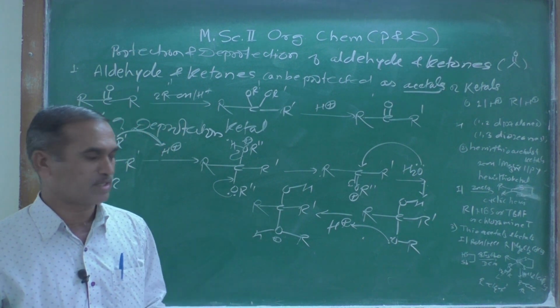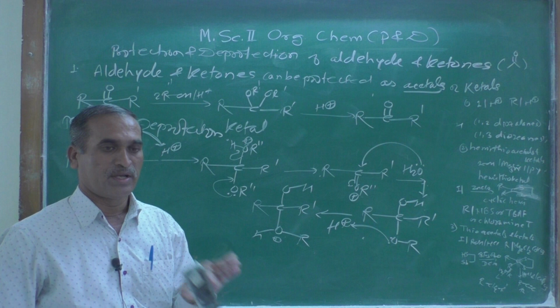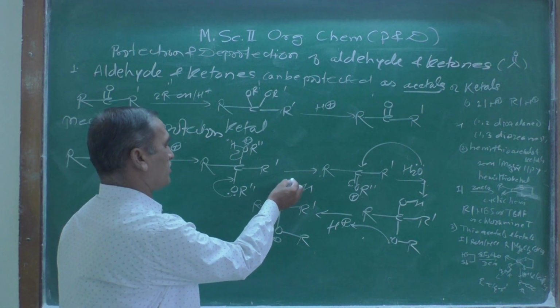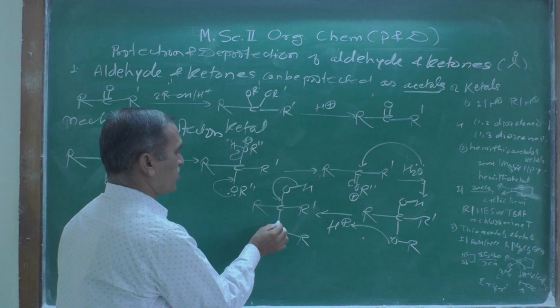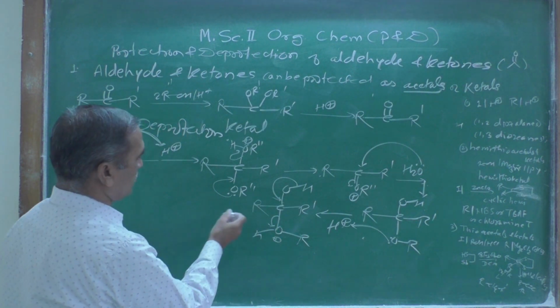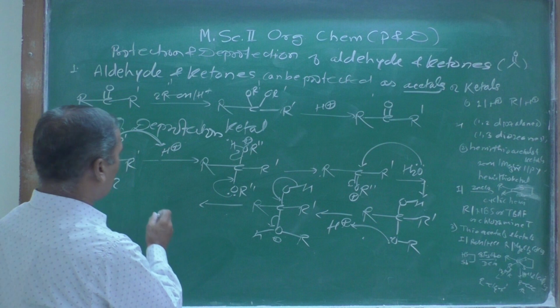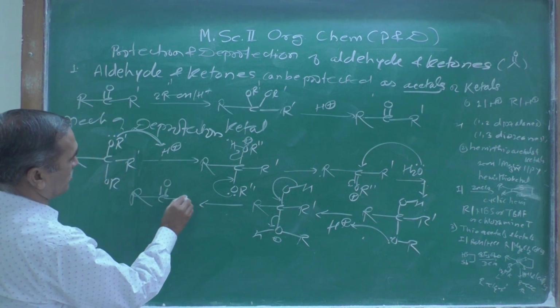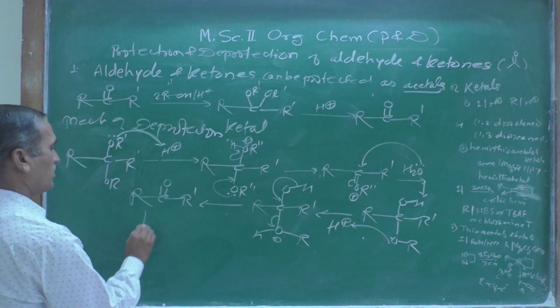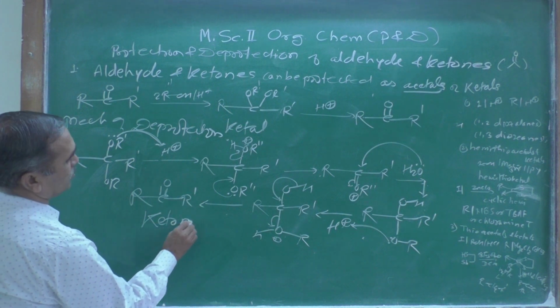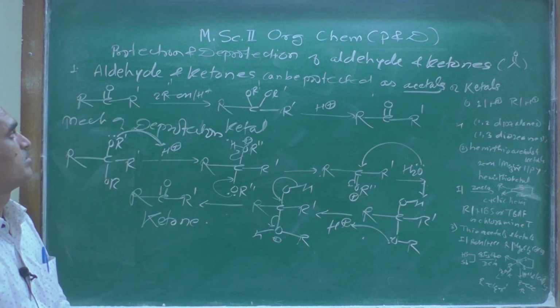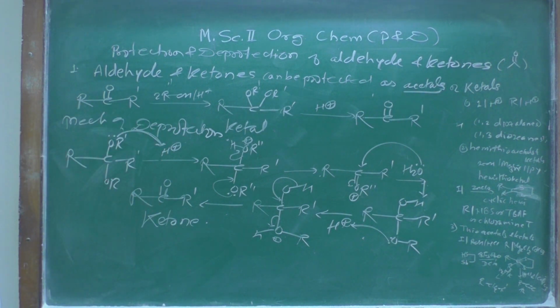Whenever a positive charge comes on that oxygen atom, that species becomes highly unstable, and it forms a double bond over there, the alcohol gets removed, and you are going to get the final product R, C double bond O, R'. That is nothing but a ketone that we are getting over here. So this is the mechanism for ketal formation.